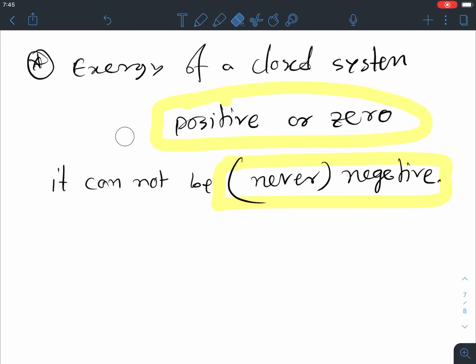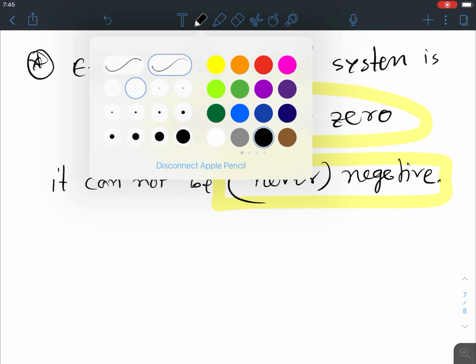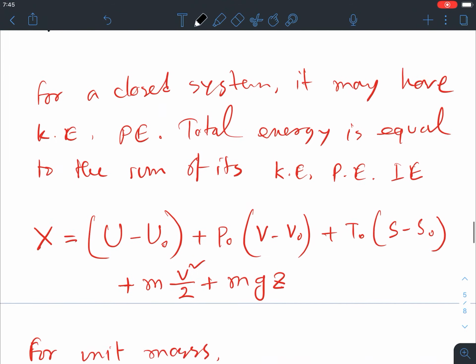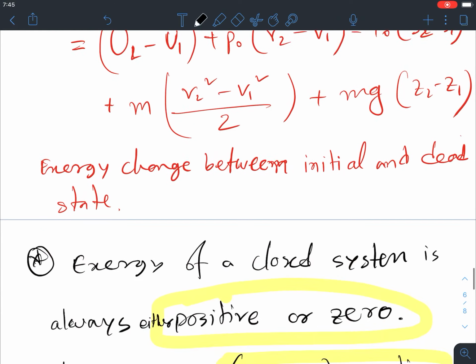It cannot be negative, and it is always either positive or zero.